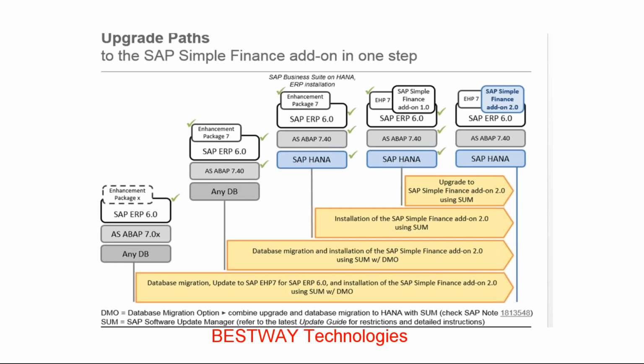When we move from 5.0 to 6.0, or do EHP updates, our job is to test that all functionalities are working fine. The same way, when database migration happens, our job is to check whether all transactions are working fine or not. Clear?